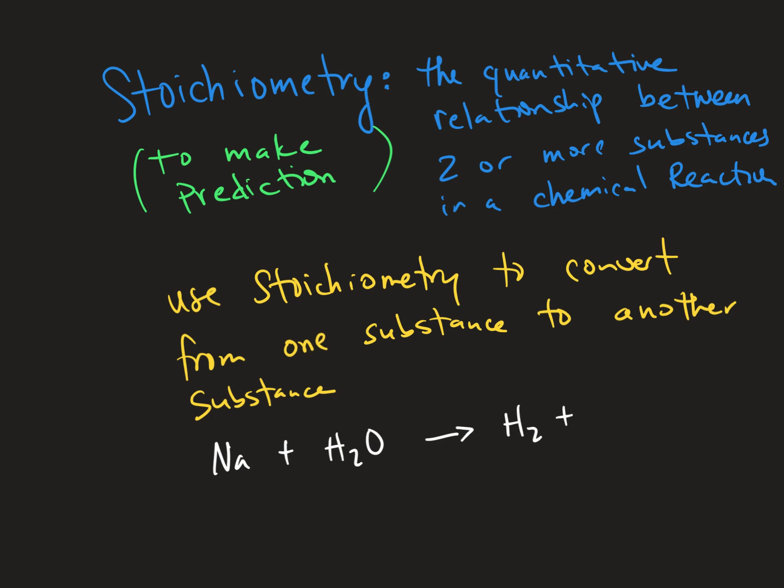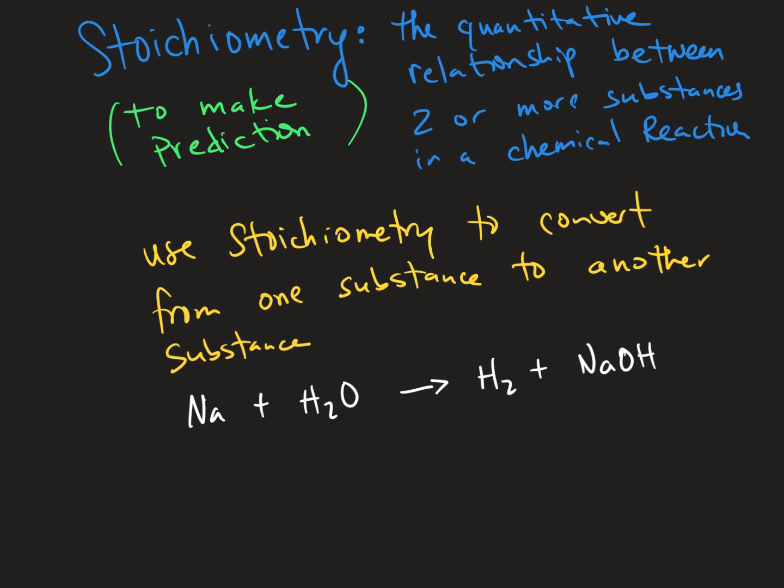There was enough heat in there. It was an exothermic reaction. You heat that hydrogen gas and it explodes, and then we're left with sodium hydroxide, which is a base. So if we want to predict, well, how much hydrogen gas will we get?